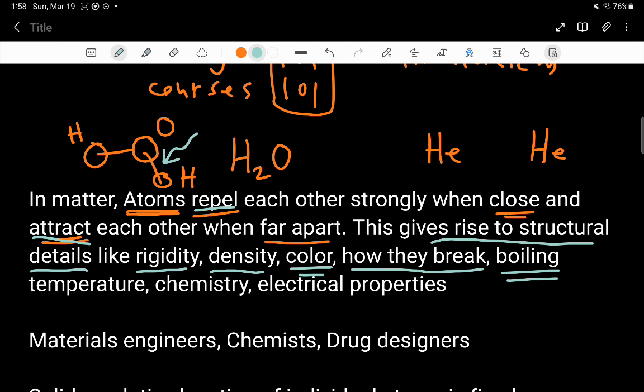What temperature does it need to be in order to change from the solid into the liquid state? It's also going to inform what kind of chemistry the materials take part in, whether or not they behave as acids, for example. And also they're going to determine electrical properties, like whether or not the material would make a good wire, right?